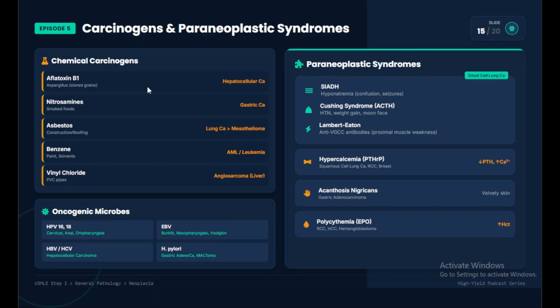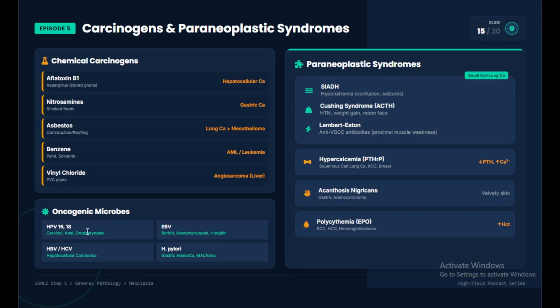Now, there are something called oncogenic microbes. They are hidden hijackers, and some viruses and bacteria can also trigger tumors. HPV 16 and 18 can cause cervical, anal, and oropharyngeal carcinoma. EBV, Epstein-Barr virus, can cause Burkitt lymphoma, nasopharyngeal carcinoma, and Hodgkin lymphoma.